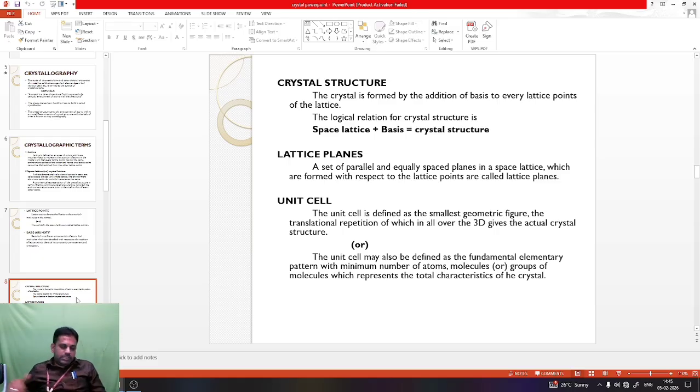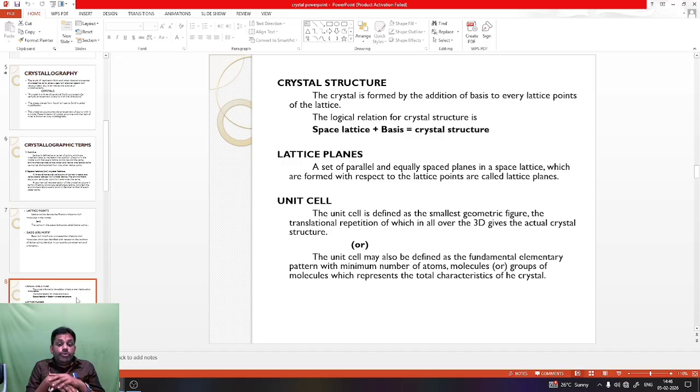After the basement is prepared, we keep one brick next to another brick and construct a wall. By using bricks, which are the fundamental least unit of this building, like that a crystal is made up of a very small boundary, the smallest volume of a geometrical figure, which is repeated in 3 dimensions, and the entire crystal structure is derived.